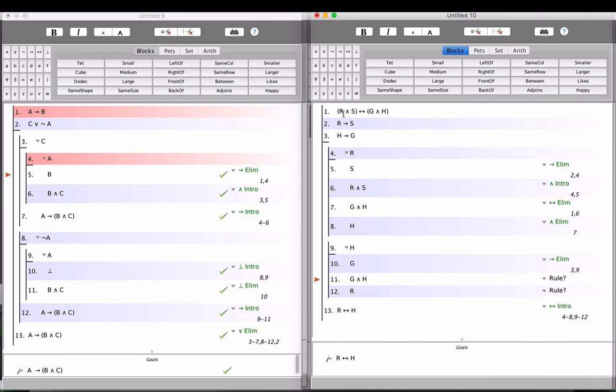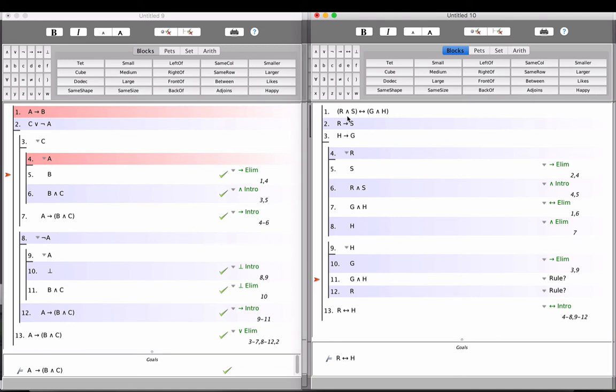We're going to need to dismantle the conjunction at line 1 once we have pulled the left side of the biconditional down. So we can't just reach up into line 1 right now to infer R. That's because right now the connective that governs the sentence is the biconditional. So in order to reach R, we have to dismantle the biconditional and then dismantle the conjunction.